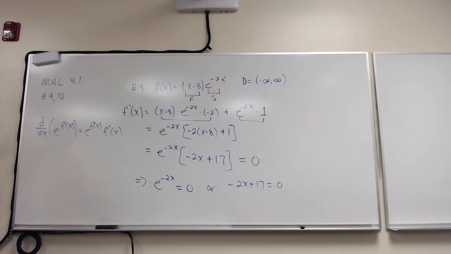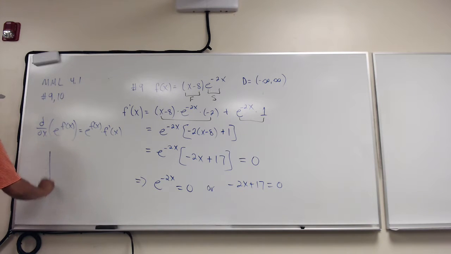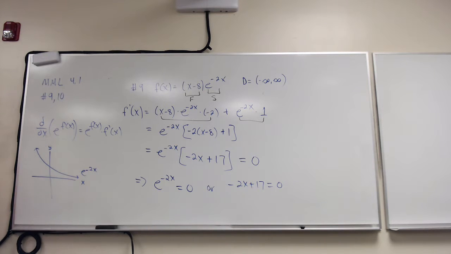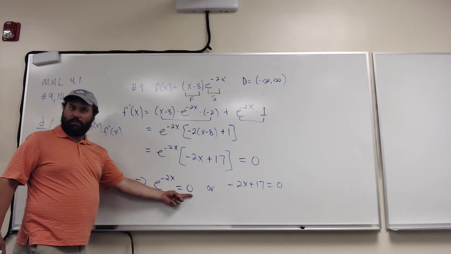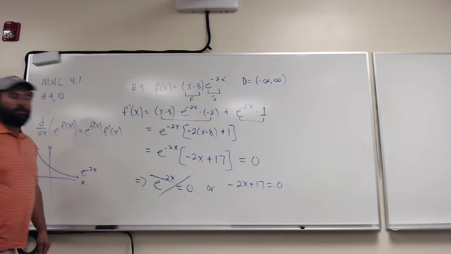Now, the graph of e to the minus 2x, I could graph this on Desmos or something, but it's a decreasing exponential function. But notice the graph is always going to be above the x-axis. So actually, it turns out that this doesn't have any solutions. Okay, so this one essentially crosses off.